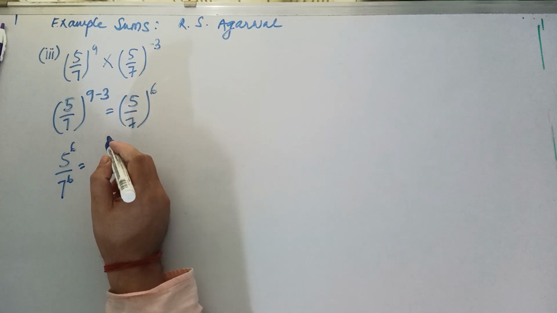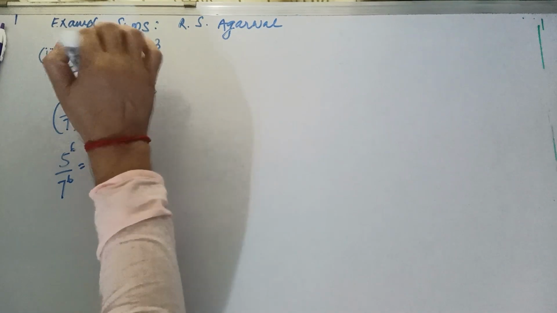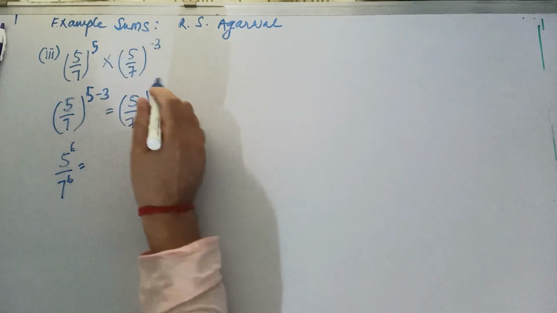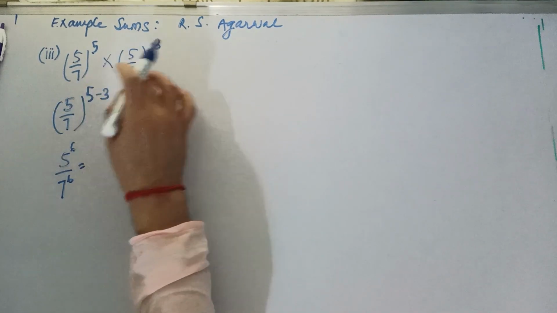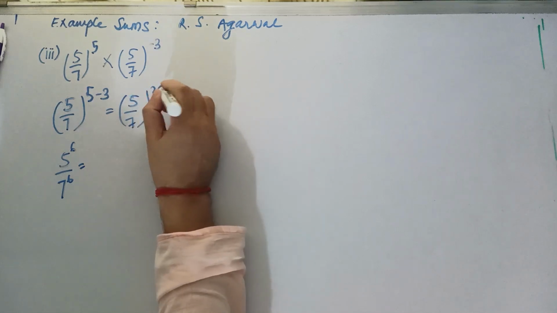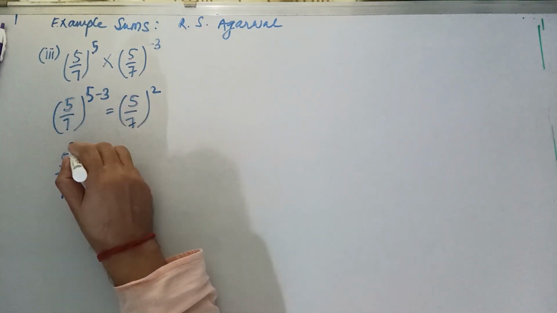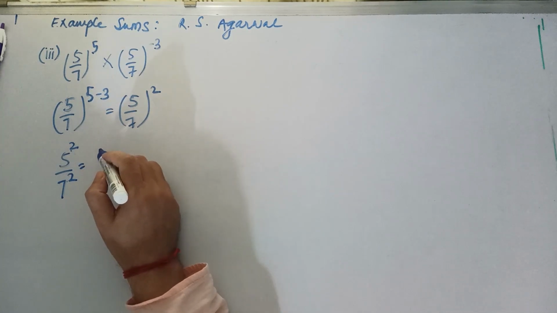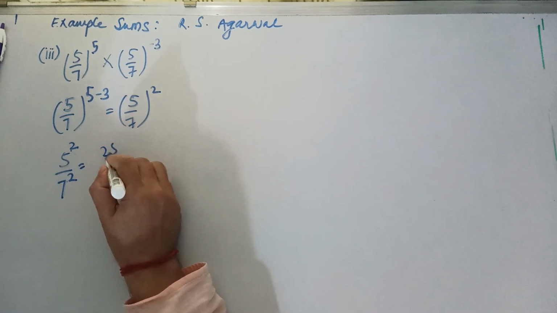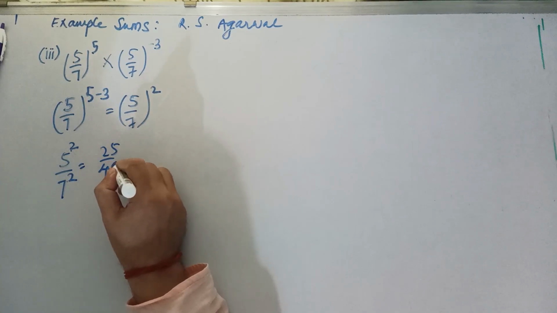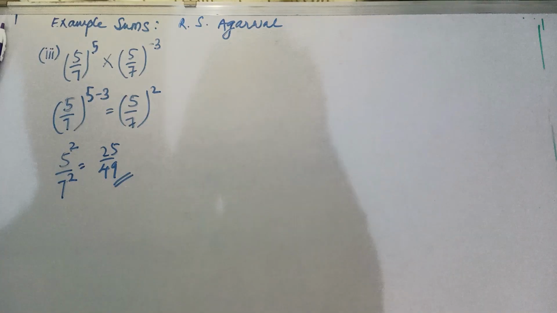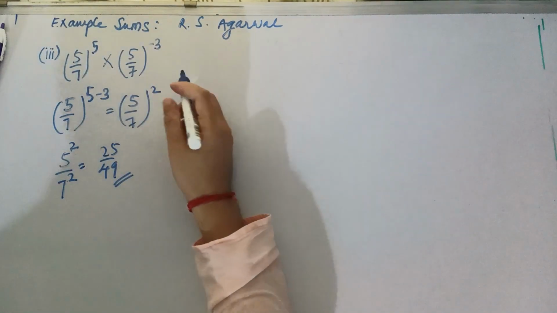Okay, this is not 9, this is 5. So 5 minus 3 is 2. So this 2 will get distributed, 2 here and 2 here. So this will give me 25 upon 79. Sorry, 49. So the question was, the power was 5, not 9.